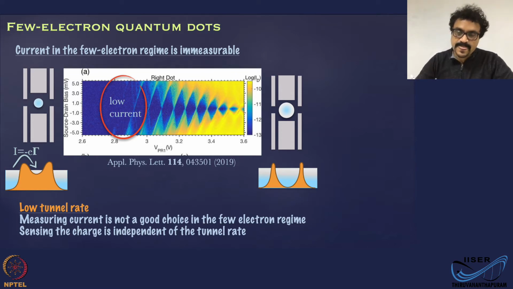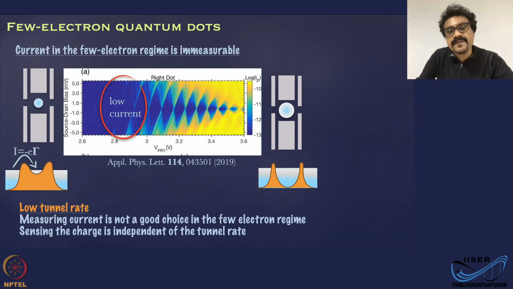Just to represent it diagrammatically, when you start, the dot is comparatively larger in size, and towards the left, as you reduce the gate voltage, you will increase the Coulomb diamond, or reduce the dot size, reduce the number of electrons, and eventually the dot will be really small, and the assumption is you will empty the dot.